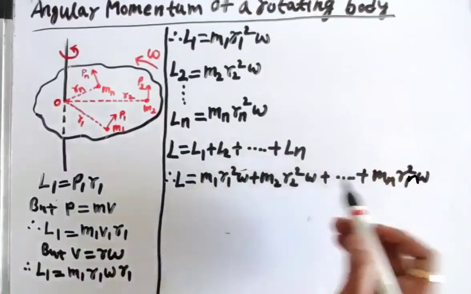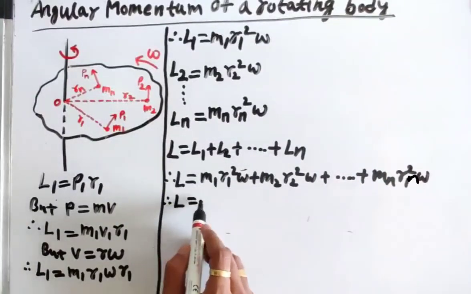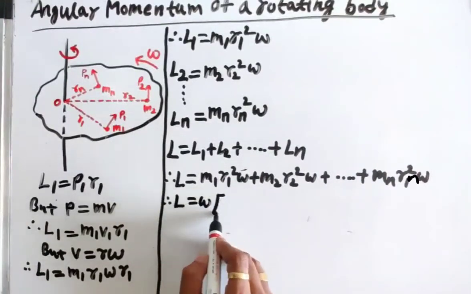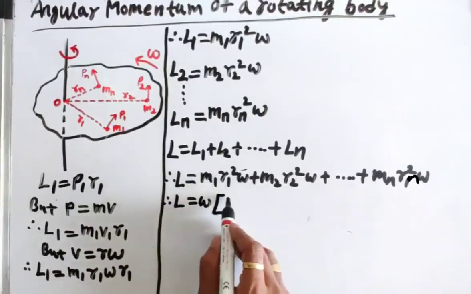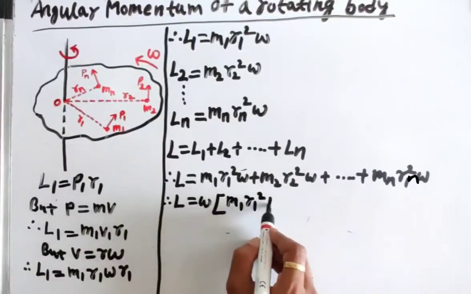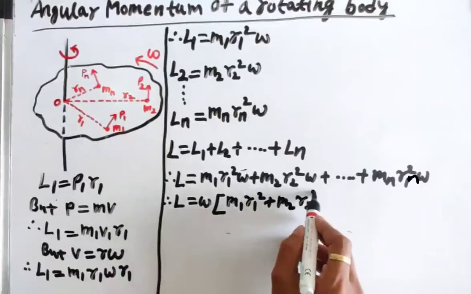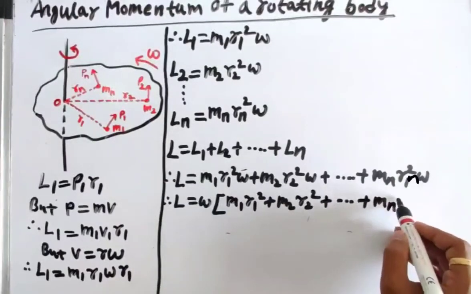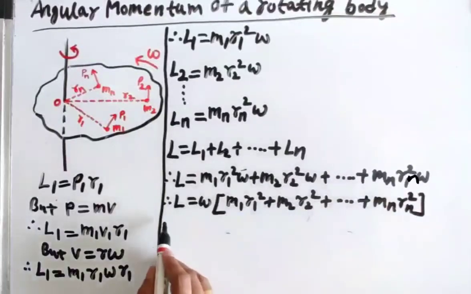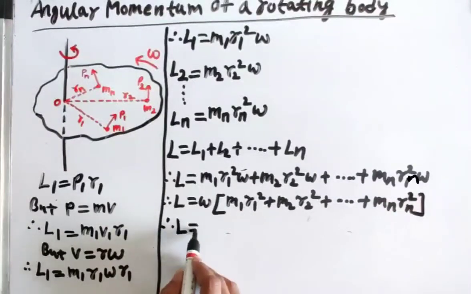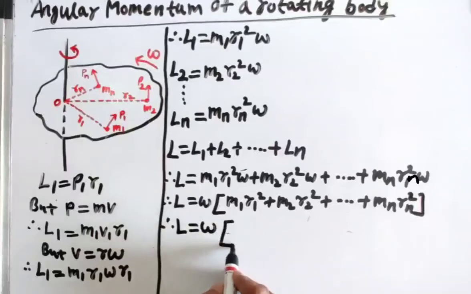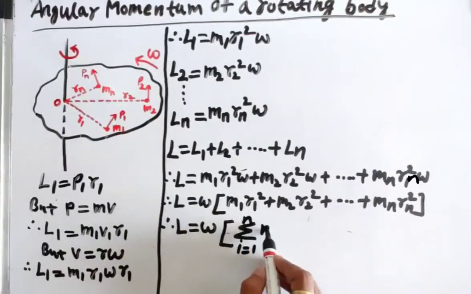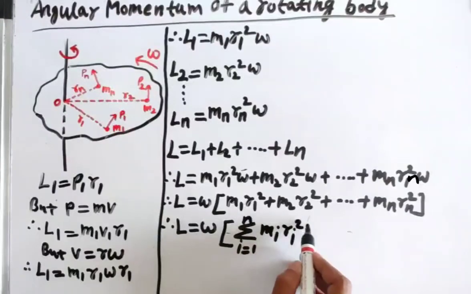Now you can see we can take omega out common, therefore L = omega into the bracket m1 r1 square plus m2 r2 square plus so on, plus mn rn square. We can write this as L = omega into the summation from i = 1 to n of mi ri square.